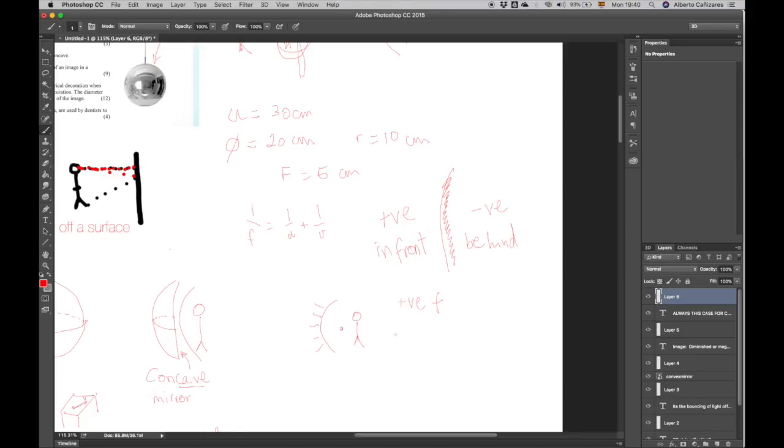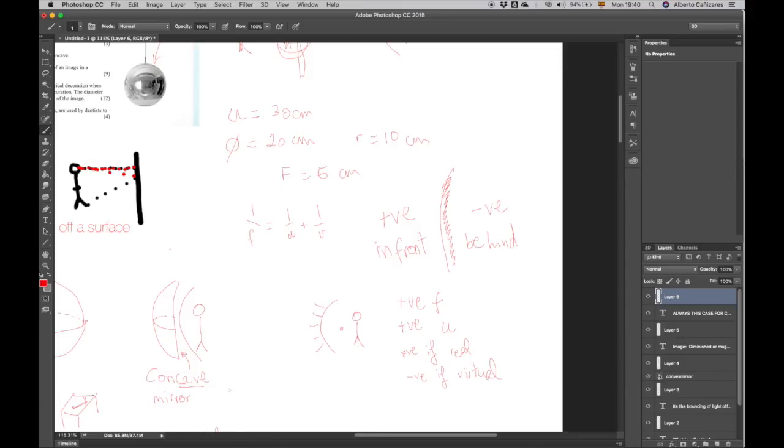You will have a positive U, and then your image could be either here or here, so you don't really have to look into that. Maybe they tell you in the question that the image is virtual. So it will be positive if real and negative if virtual.